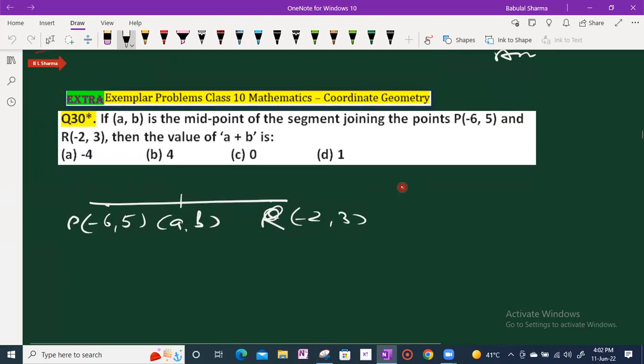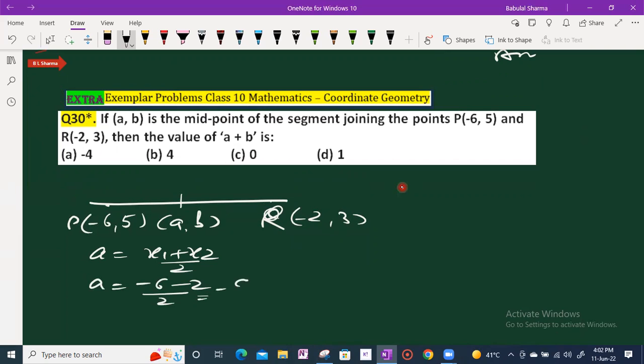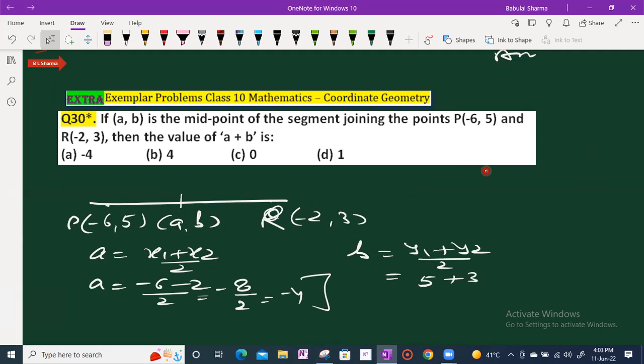Using the midpoint formula, we know that a is equal to (x1 plus x2) divided by 2. So a is (minus 6 minus 2) divided by 2, that is minus 8 upon 2, that is minus 4. And this y coordinate will be given by (y1 plus y2) divided by 2. So 5 plus 3 divided by 2, 8 divided by 2, that is 4.